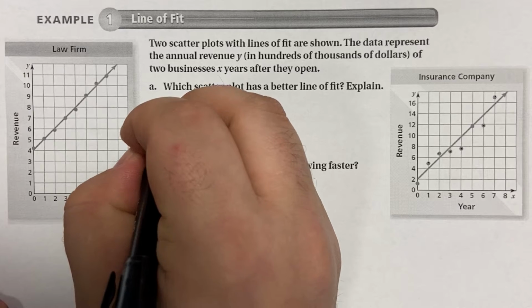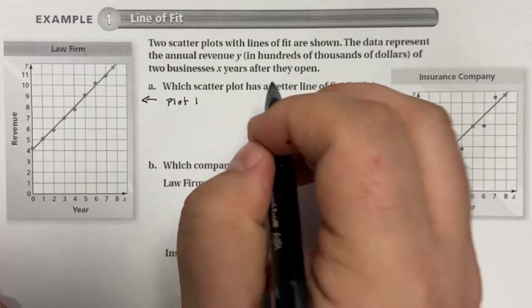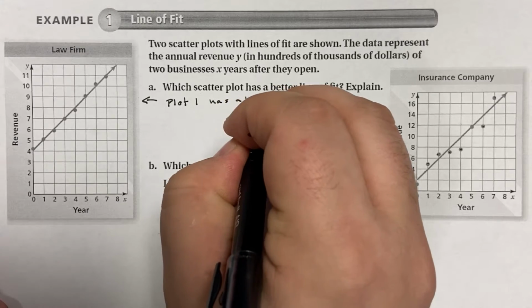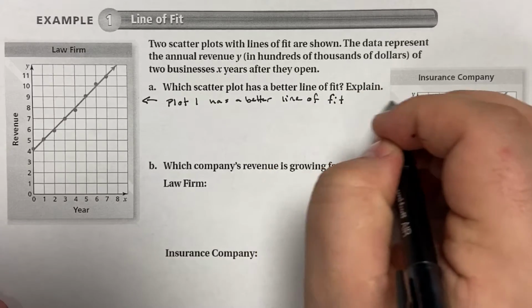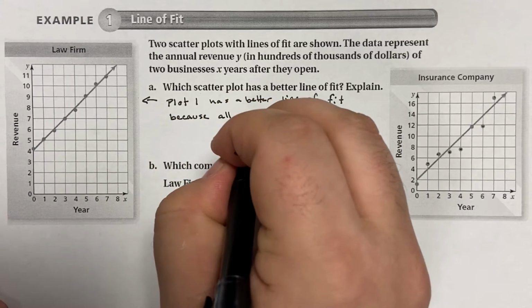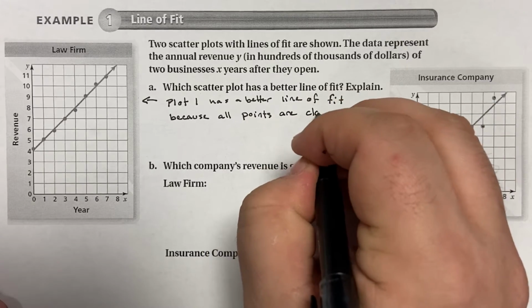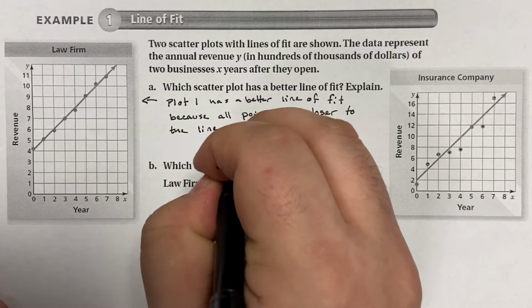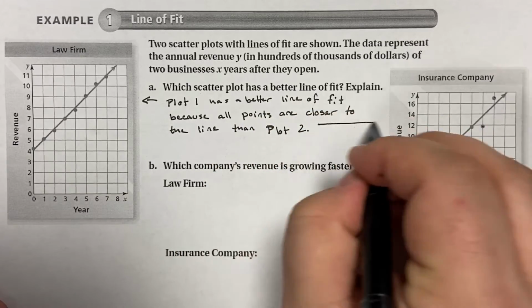So we have plot 1, which is this one, has a better line of fit, because all points are closer to the line than plot 2, which is that one.